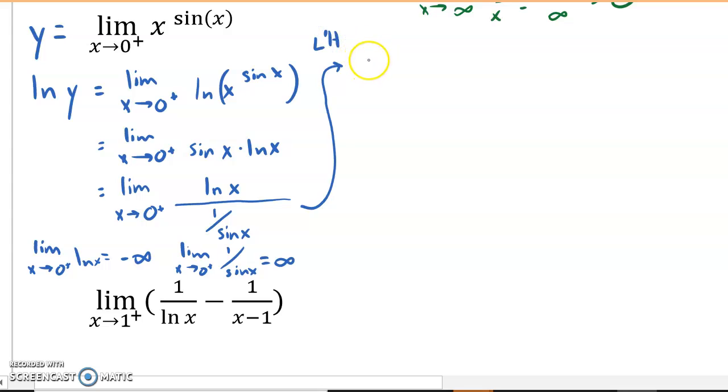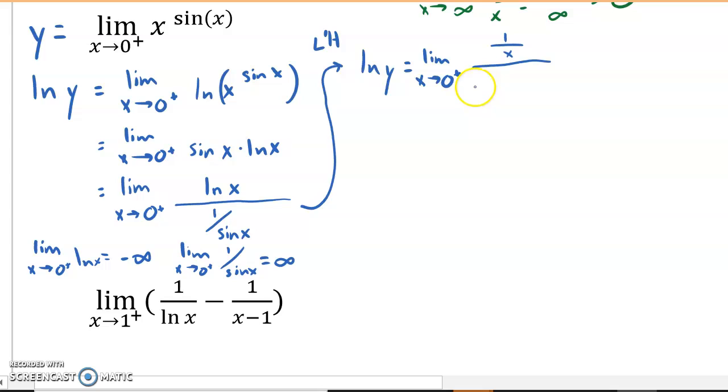So that means L'Hopital tells us that this natural log of y is equal to the limit as x approaches 0 from the right of, well, we'll take the derivative of the numerator, which is 1 over x. And we'll take the derivative of the denominator. Well, remember the denominator is cosecant of x.